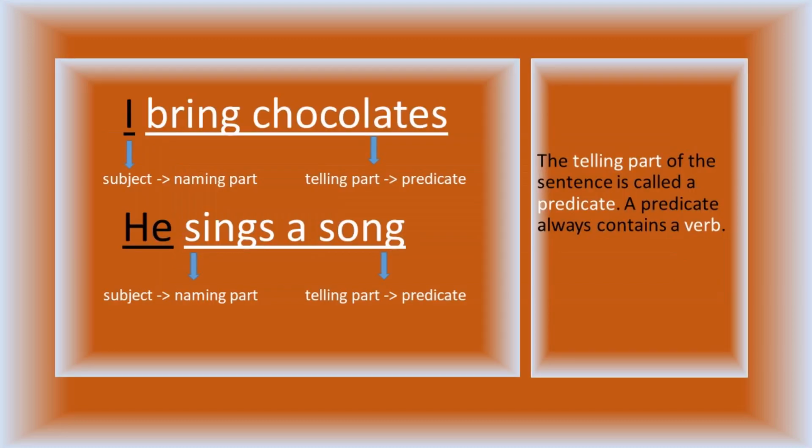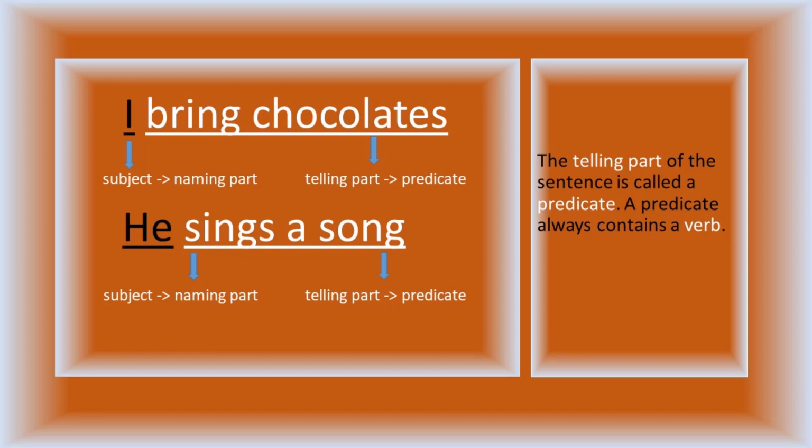Children, here you can see two sentences. I bring chocolates. He sings a song. I'm dividing these two sentences into two parts. In the first sentence, the first part is I and the second part is bring chocolates. What is I there? I is the subject, or it is the naming part.